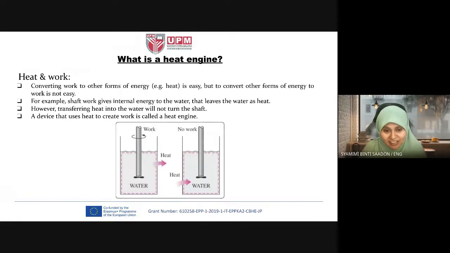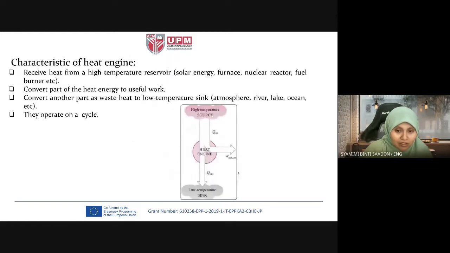Because the heat cannot simply be transferred to run the shaft or any other device. So we need a heat engine. The characteristic of the heat engine: it receives heat from a high temperature reservoir, like I mentioned just now, the high temperature reservoir or the source.